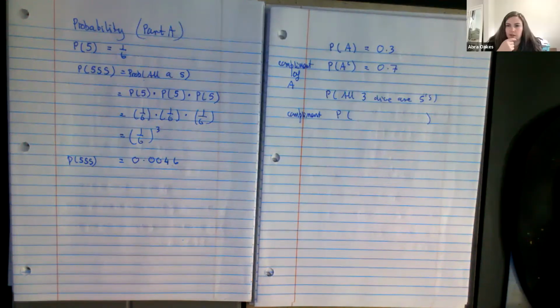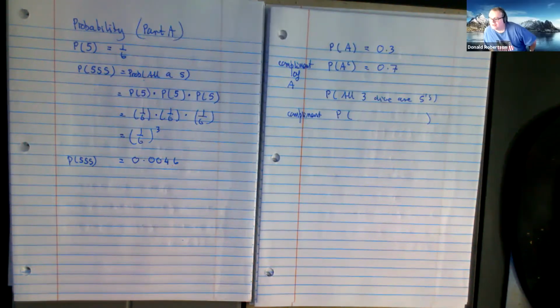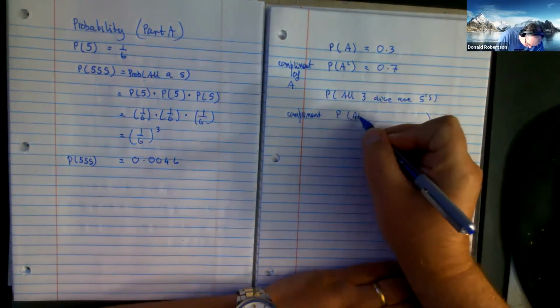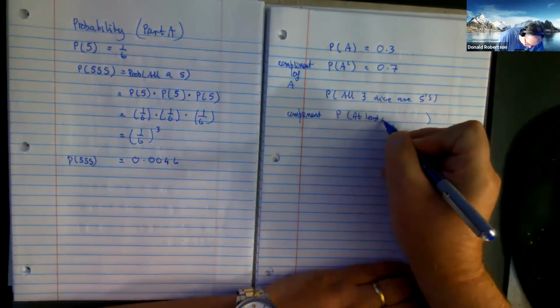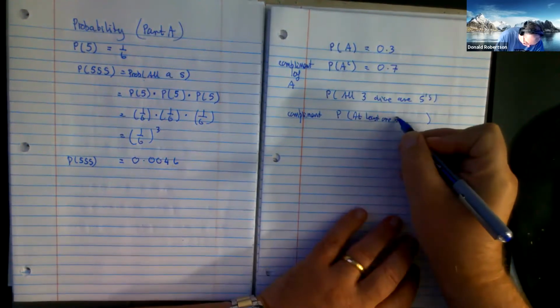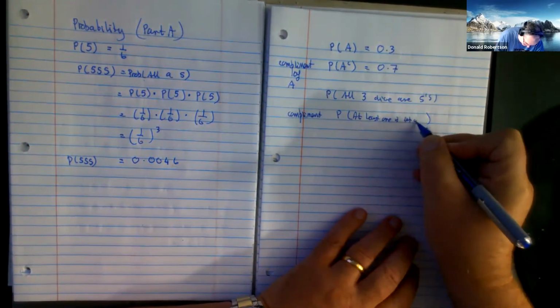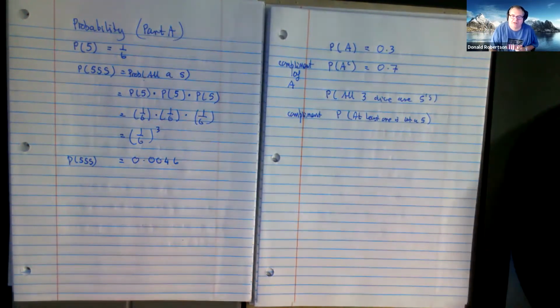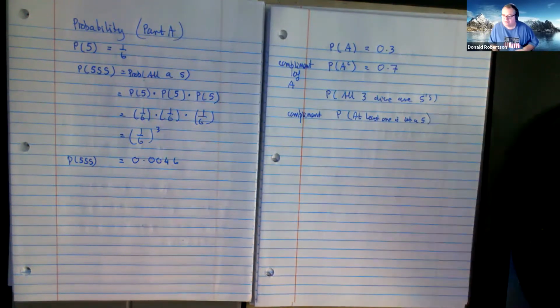Didn't you say last on Monday that only one of them needed to be a 5? At least one is the word. Right. So it's at least one is not a 5. So the complement of all of them being 5 is at least one is not a 5.